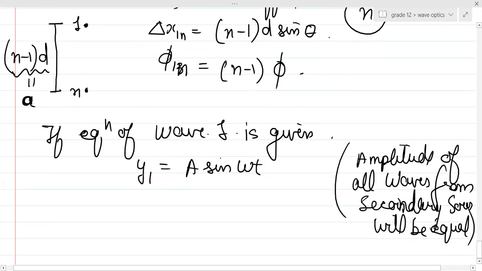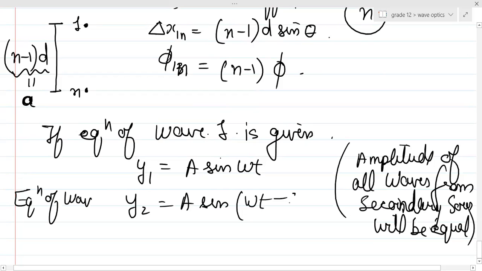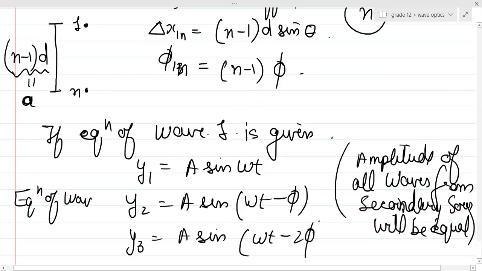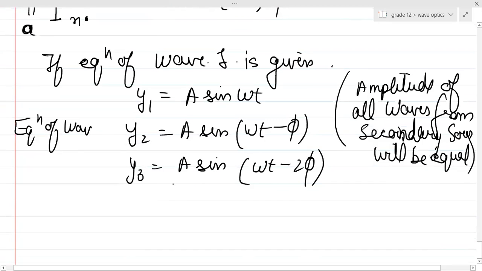But can you see over here, guys, each of these small secondary sources, when we talk about the light ray, if wave 1 is given by this, then the equation of wave 2 will be given by a sine of omega t minus phi. I will explain the reason for the minus shortly. Can you see the phase difference between 1 and 3 is 2 phi. The phase difference between 1 and n is basically n minus 1 times phi.